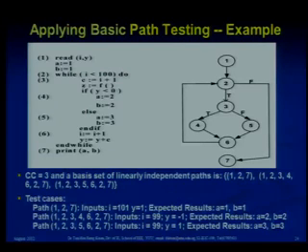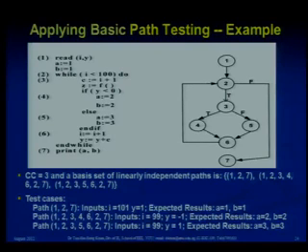Okay, yesterday we discussed basis path testing techniques. In applying basis path testing techniques, there are 3 steps after you draw the control flow graph. Calculate the cyclomatic complexity V(G) equal to E minus N plus 2.